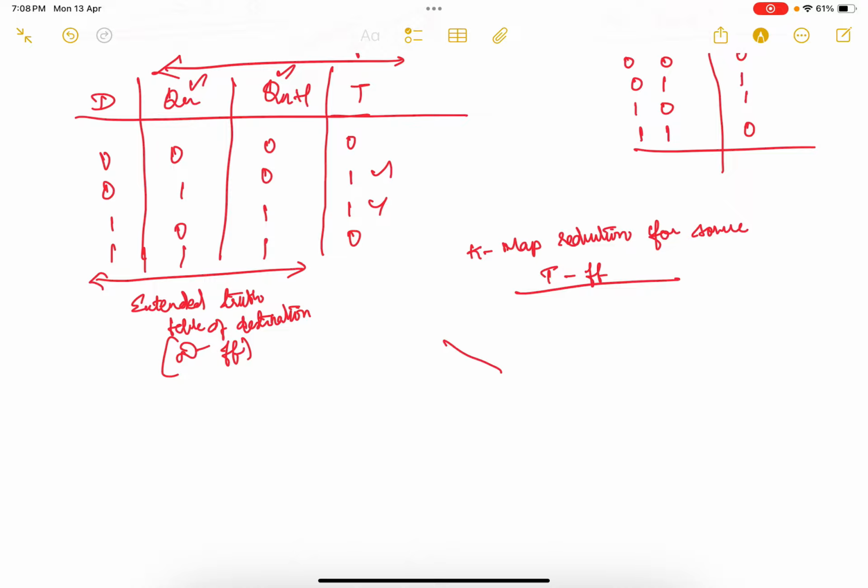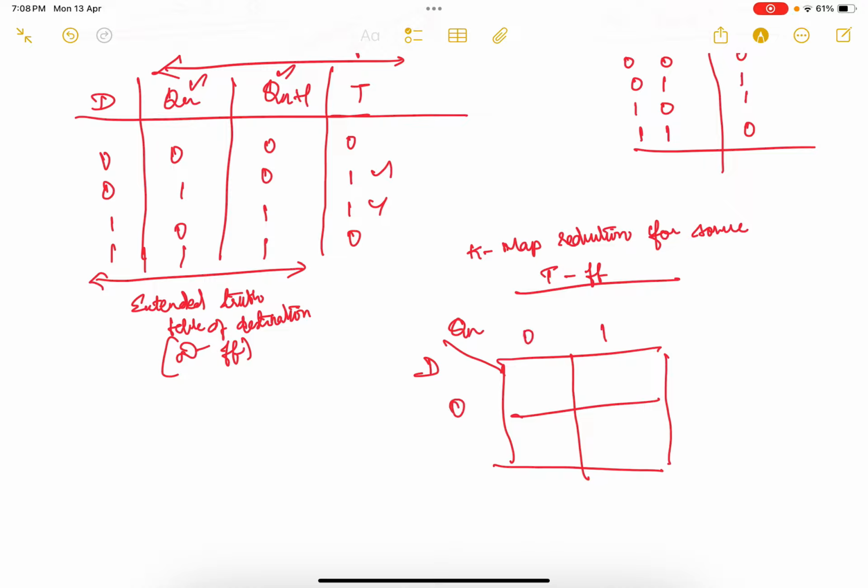It is a 2 variable function, so I am going to draw a 2 variable K map. One input is D, the other input is Qn, each either 0 or 1. If the input is 0 and the present state is 1, my output is 1.